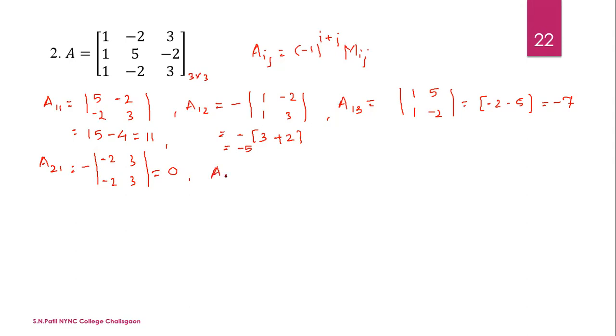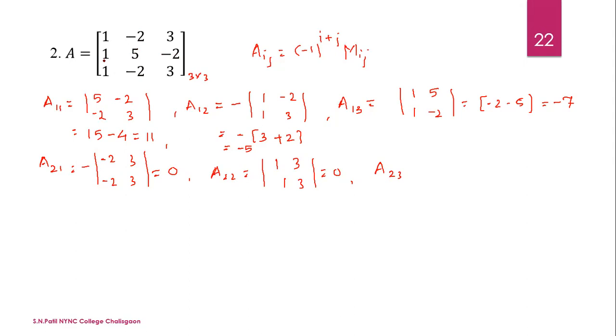Now next A22. See, the addition is 4, 2 plus 2, 4, so keep the sign as it is, plus sign. A22 means the minor of this element, deleting the row and the column, then the remaining is 1, 3, 1, 3, same row, that is 0. Now next, A23, second row of the third element.